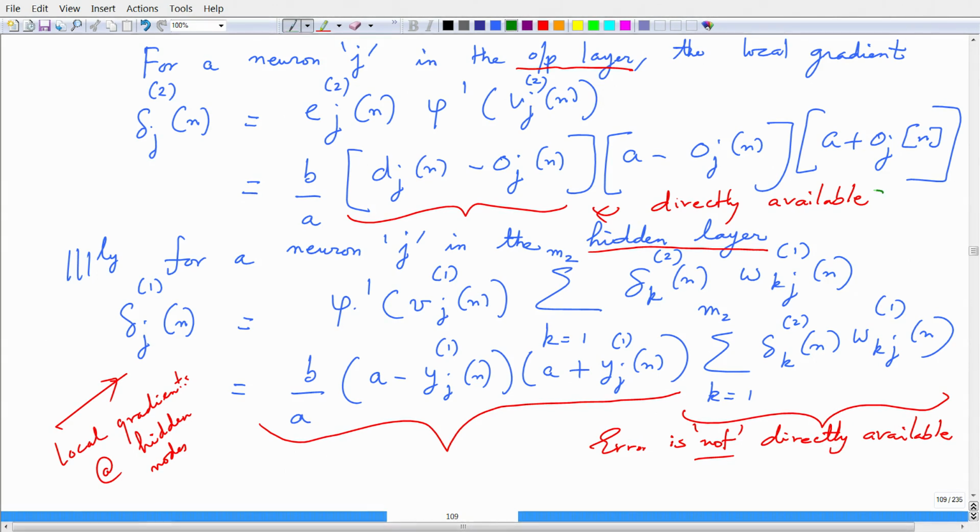But in the case of a neuron in the hidden layer, the error is not directly available, and that is the reason you have to compute using the local gradients that you computed for nodes in the output layer. Okay, and pay attention to these superscripts carefully, otherwise you would make errors when you have to run your code.